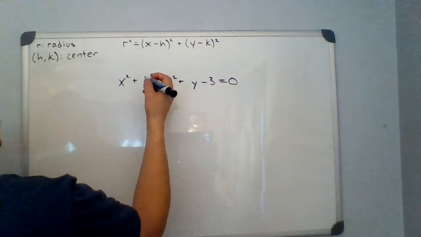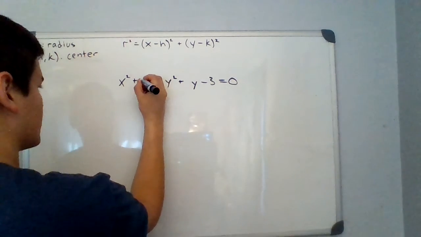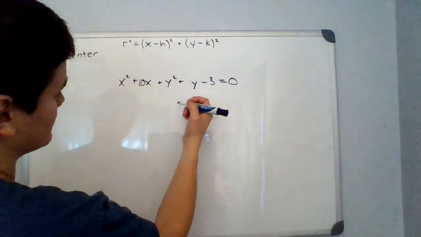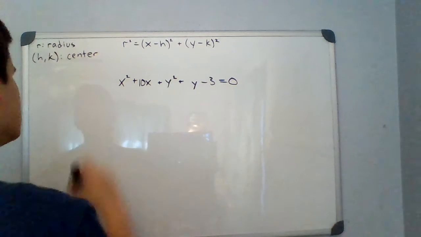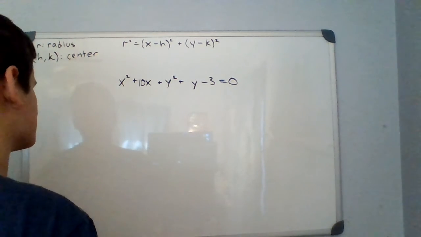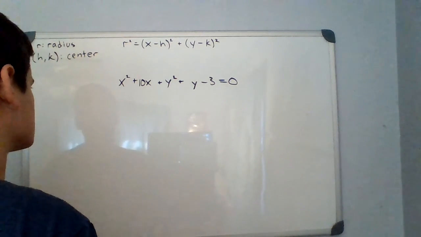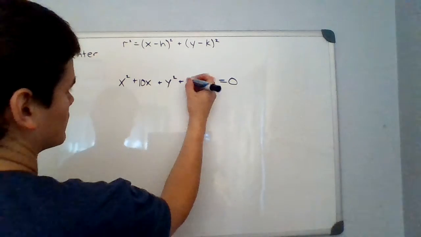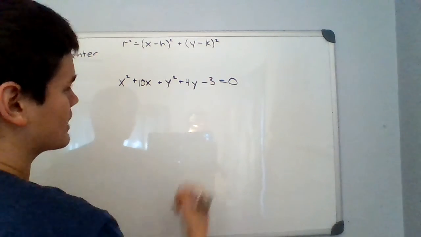So what I mean by that is, let's say, what if this is 10x, and then this could be anything. I'll just let it be 4. Keep it kind of simple.